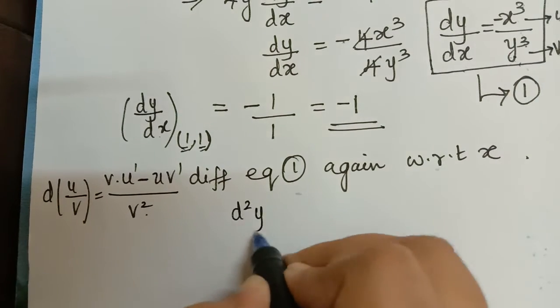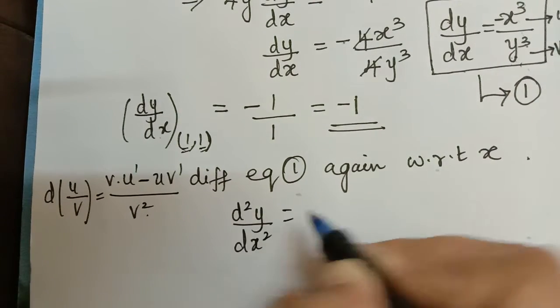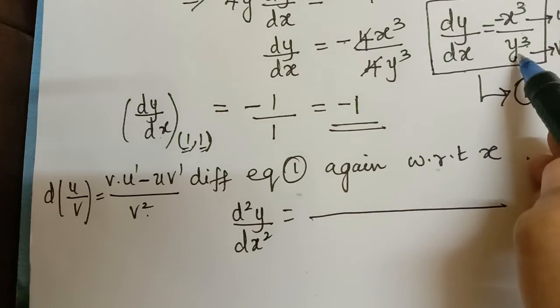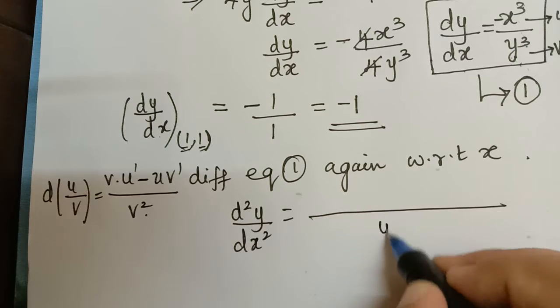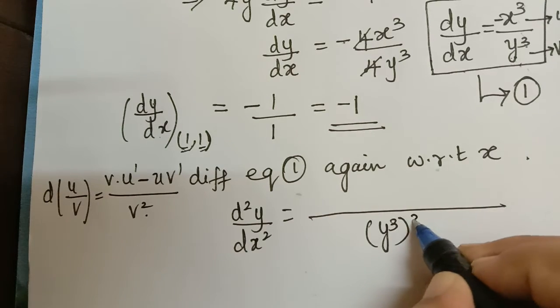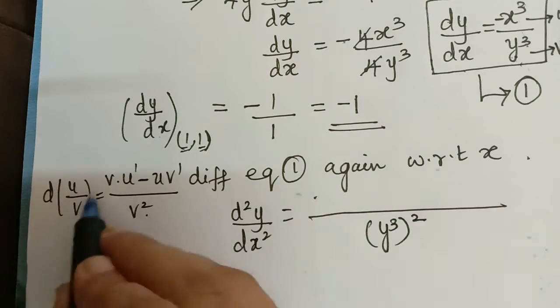d square y by dx squared will be equal to, now this is our v, so we need v squared, so y cube the whole square, and then v multiplied with u dash.